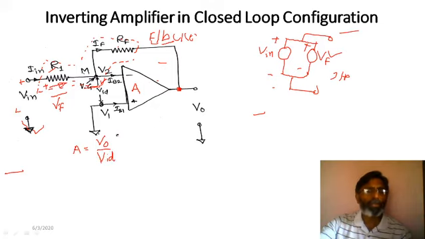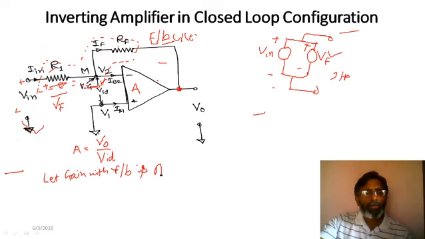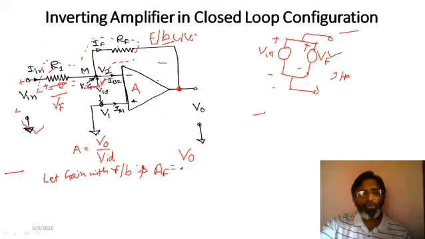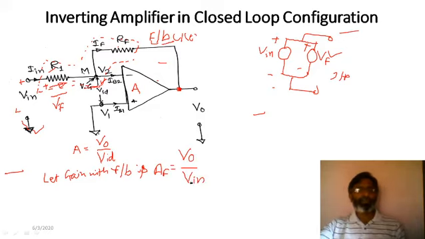Now the next important point: let the gain with feedback be AF. So this AF, gain with feedback, will be equal to VO divided by Vin. How much is the gain with feedback for this, that we will see.